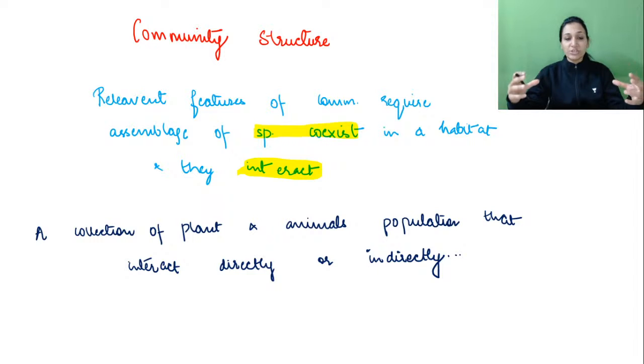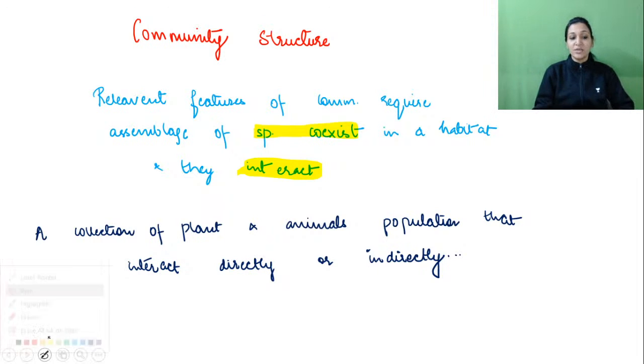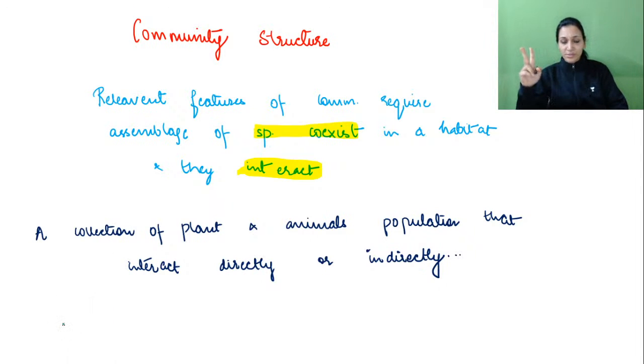So it's a collection of plants and animals which interact directly or indirectly. So basically what you need to know is species coexisting together and interacting together. This is just a literal definition of the community structure, but we need to know the real meaning. Just two words give you the real meaning: species coexist and how they interact.